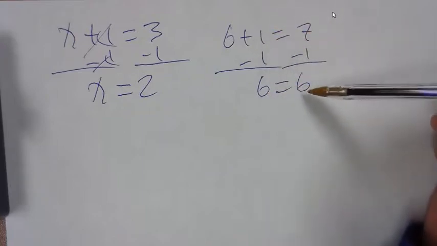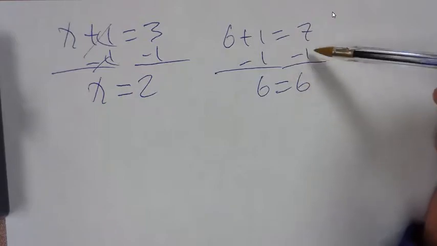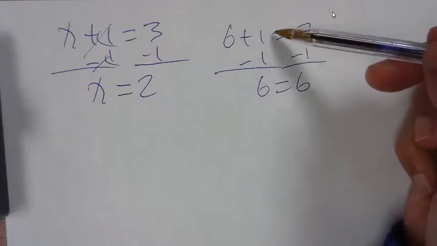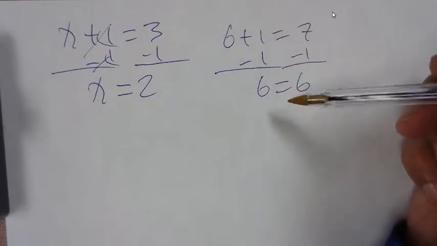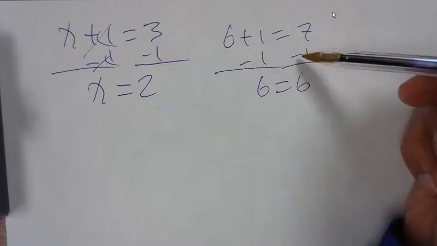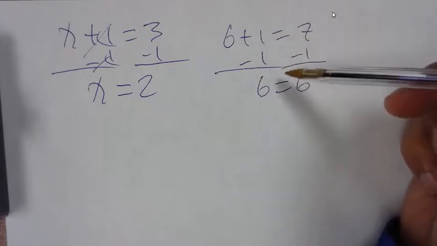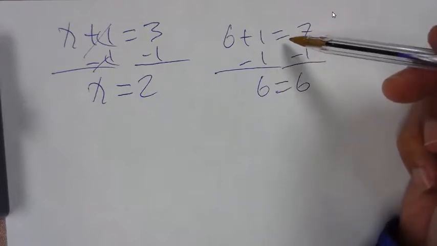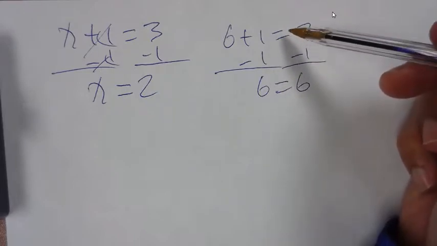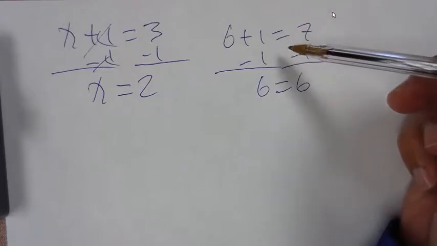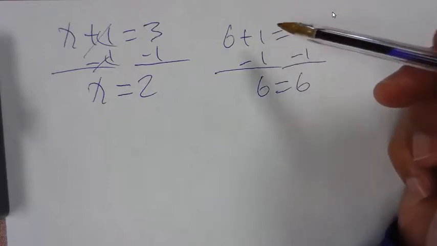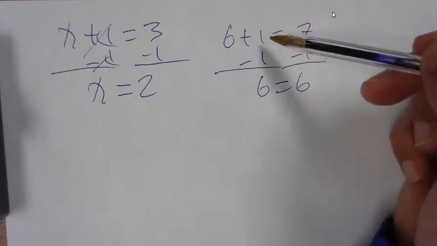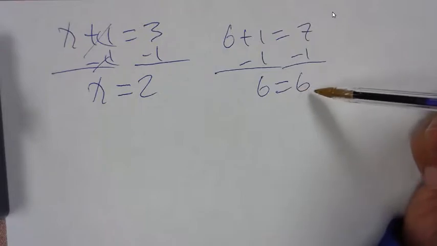It is 6 equals 6. So by subtracting 1 from both sides of the equal sign there, all I did was keep the equation balanced. So that's what this does basically. Some teachers call it keeping the equation balanced. That's what I would call it too. And in this case, it brings the equation from 7 equals 7 to 6 equals 6.